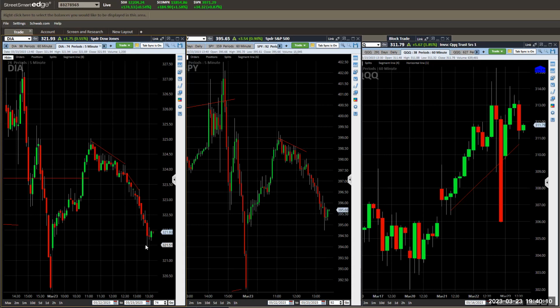Capitulation is, you know, price drops really quickly and jumps back up. We got a small little tiny wick here, a small little capitulation, but the open was 321.41, the low was 321.38. We were 5 cents off today's low and we were 3 cents off today's open.